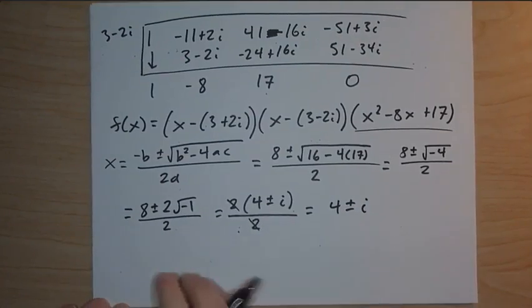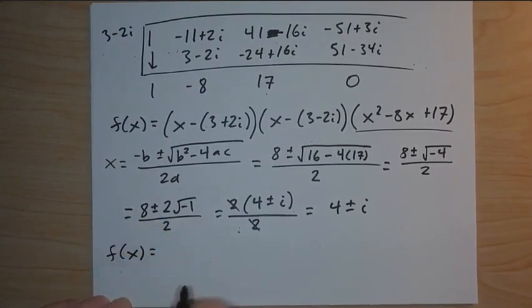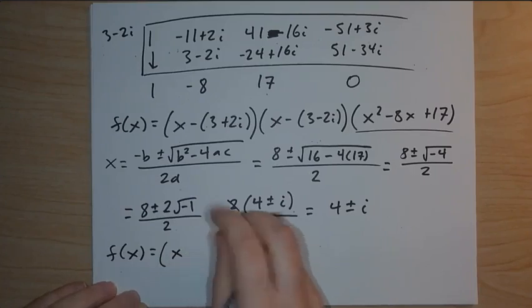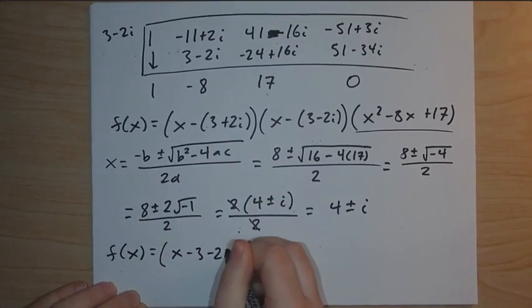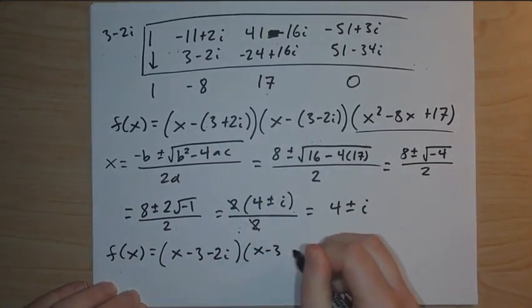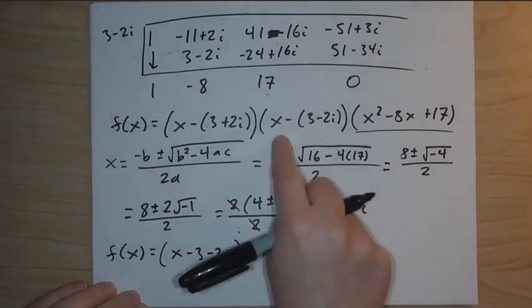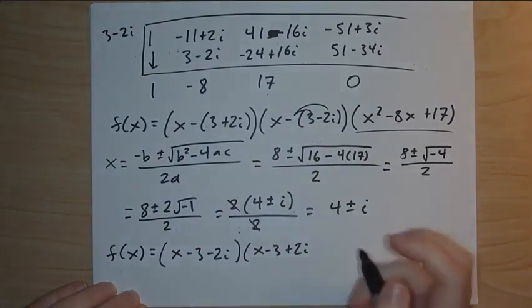So we know that we can rewrite our f of x as x, and if I simplify this, this is just going to be x minus 3 minus 2i, x minus 3 plus 2i, foiling this negative 1 here.